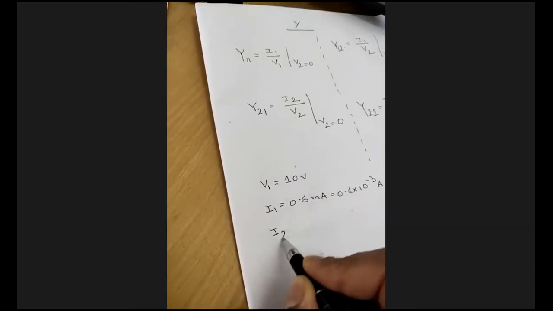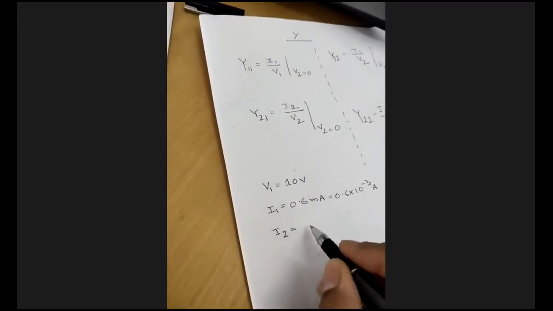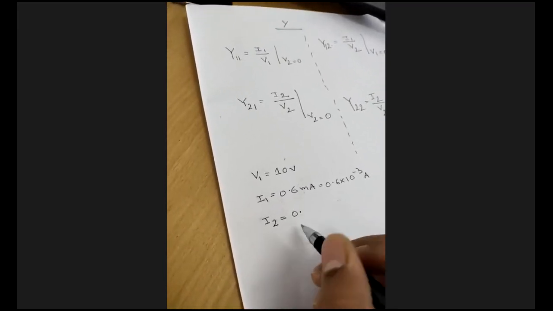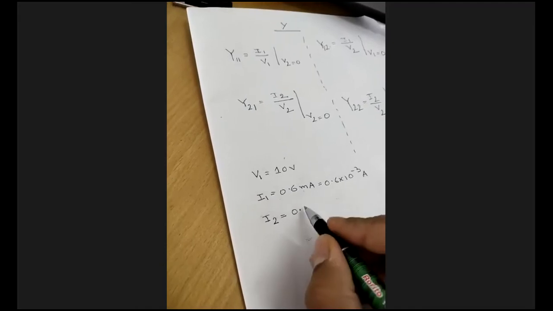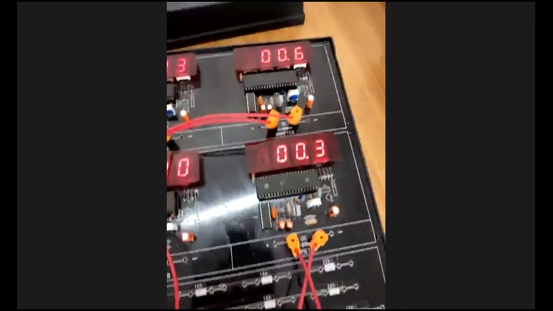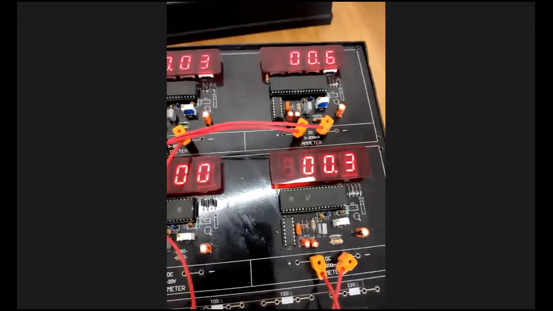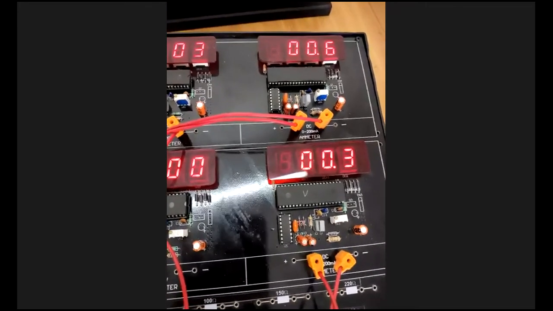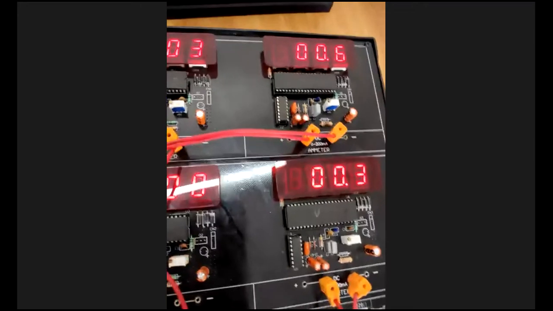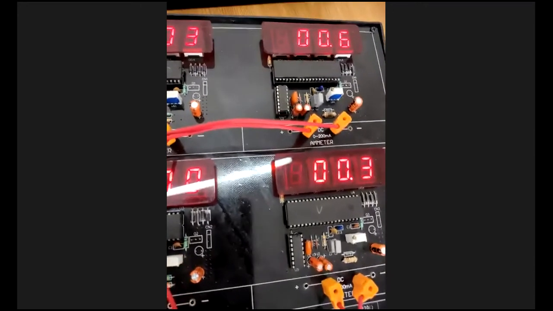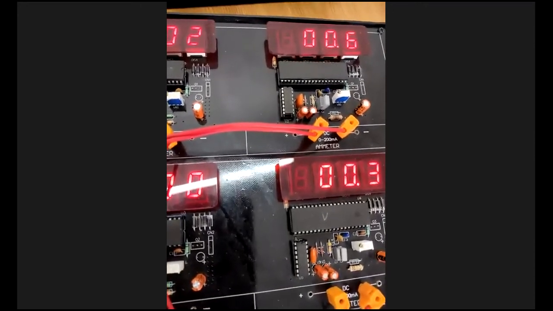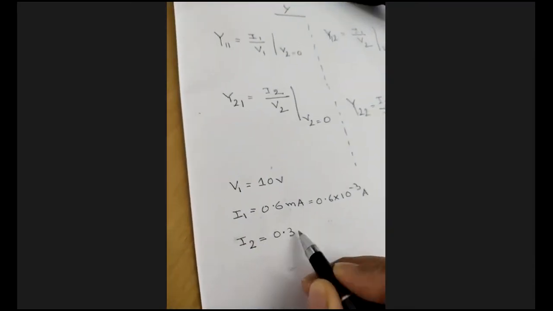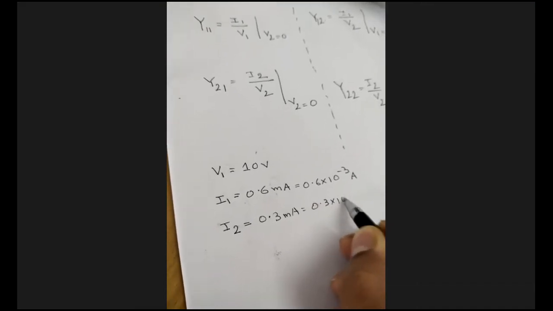What is the value of I2? 0.3 milliampere. That means 0.3 into 10 to the power minus 3 ampere.